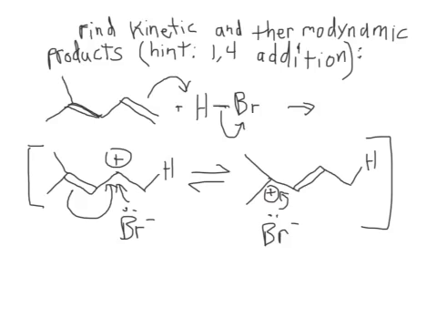When the bromide attacks this carbon here, the transition state has a lot of positive charge on that carbon, and that is a secondary carbocation. Compare that to when the bromide attacks this carbon, then a lot of the positive charge is on this tertiary carbocation, and that's a more stable situation. So in the first situation where the bromide attacks this carbon, the energy goes maybe like this to a transition state.